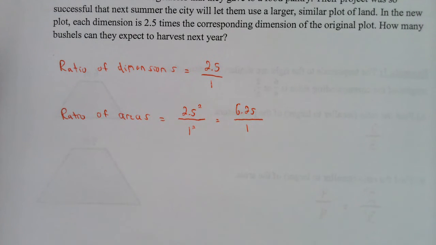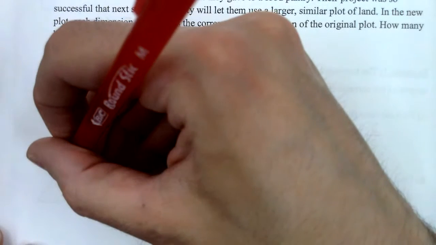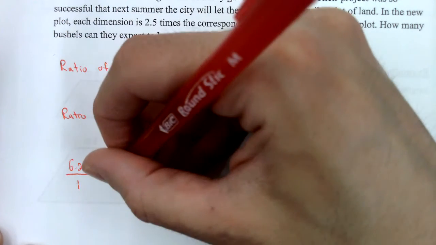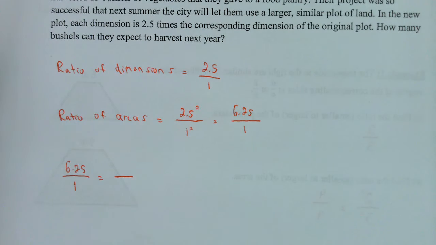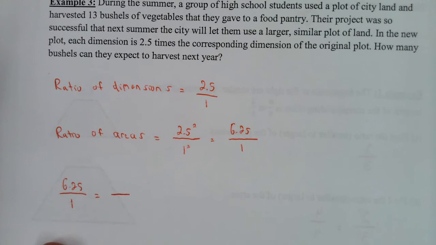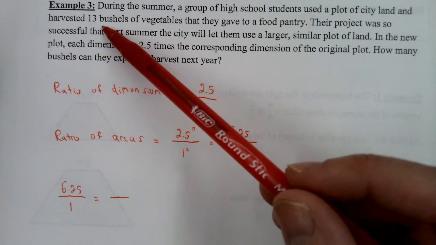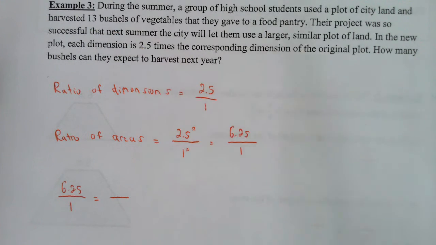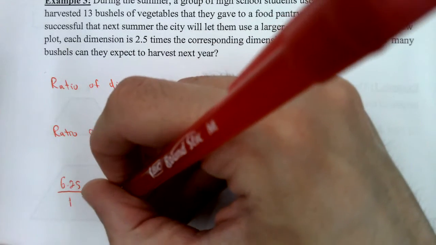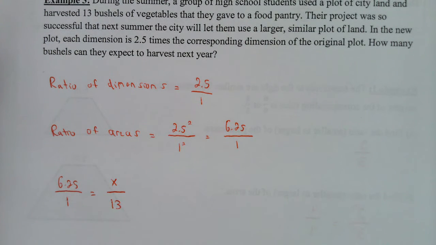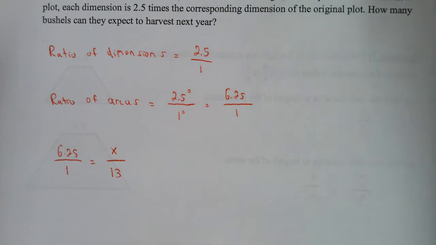Now let's set up my proportion. I'll do 6.25 over 1. So I'm doing the bigger area up top. 13 corresponds to the year that they had the smaller area, so I'll put the 13 in the denominator and the x in the numerator. Cross multiply and solve for x.